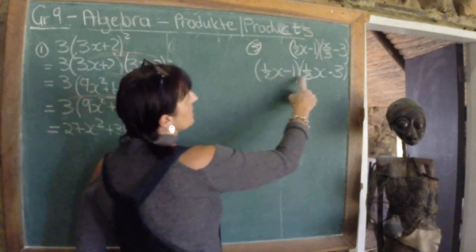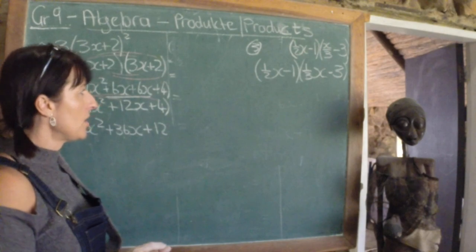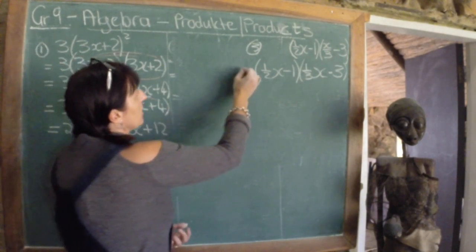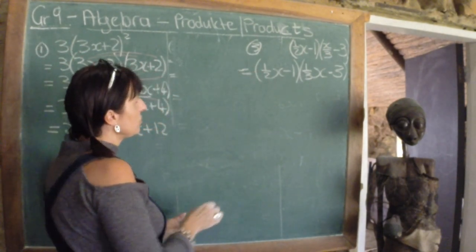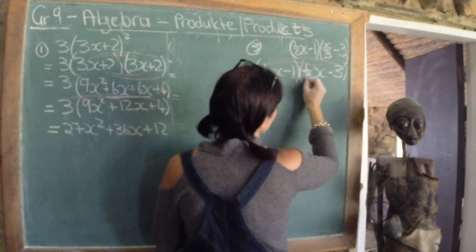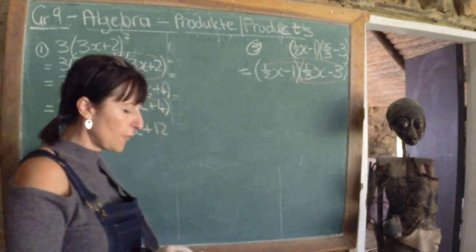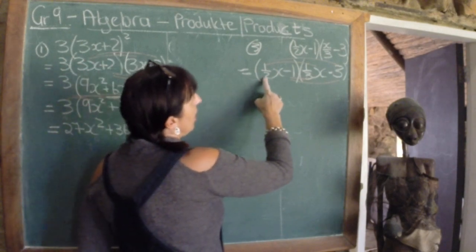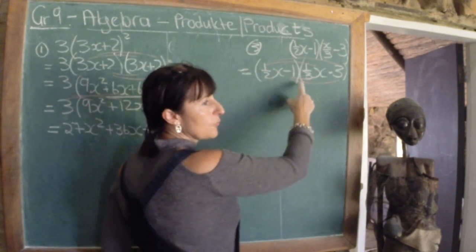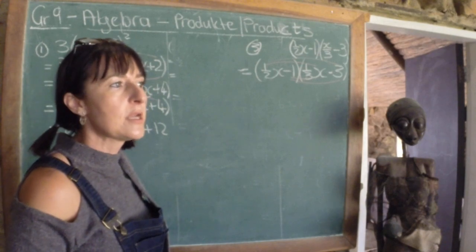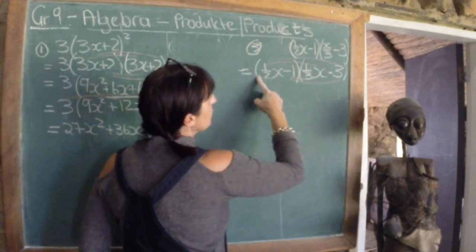Ek het hom maar net so gaan skryf, dat dit vir my makliker is om die sommetjie te doen, sodat die goed dieselfde lyk. So I'm gonna do, EBA, arrow method, FOIL method, a half times a third. Gewone, maal met breuke, ek maal my tellers en my noemers.